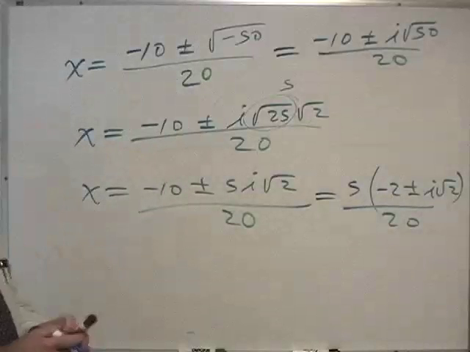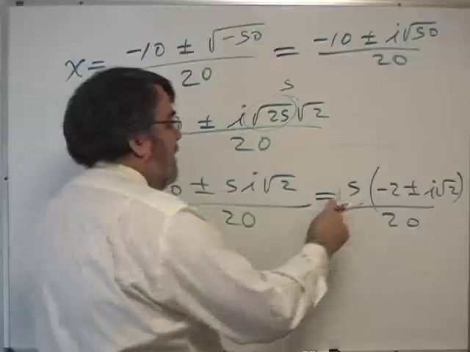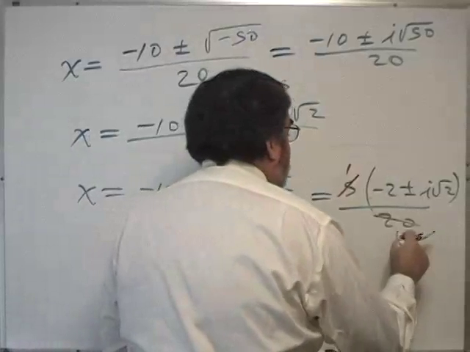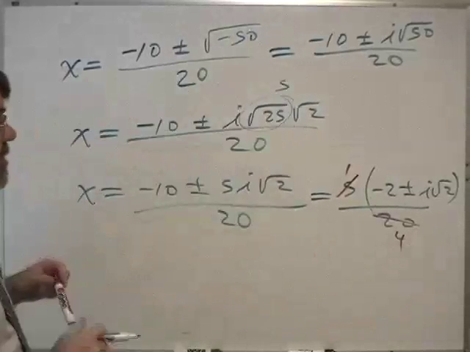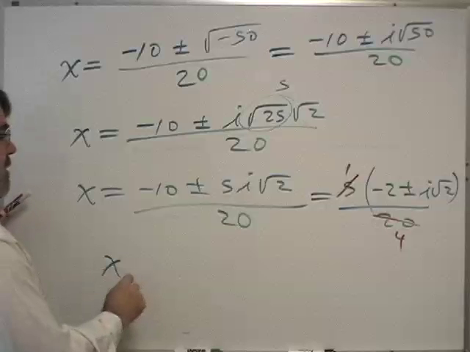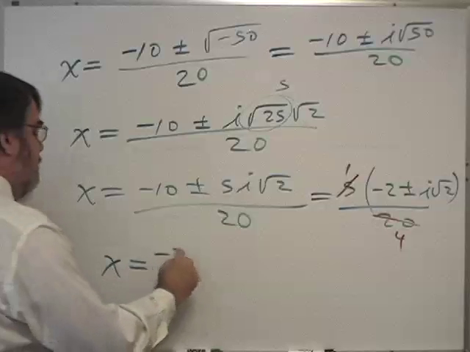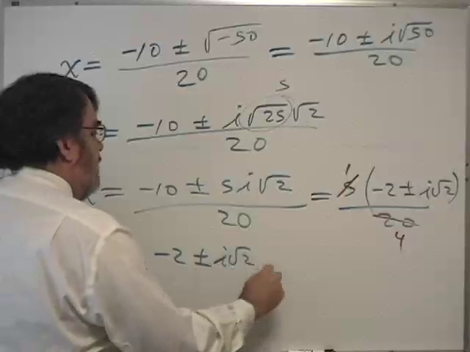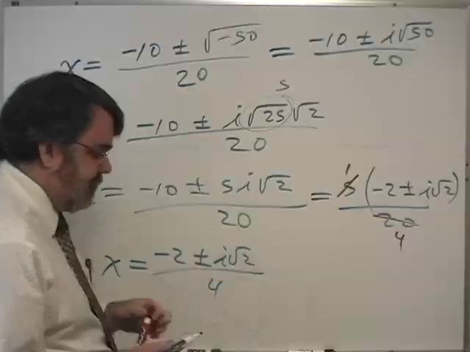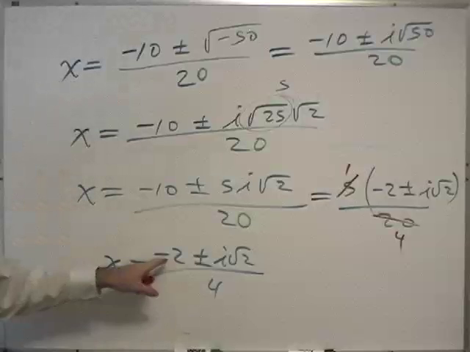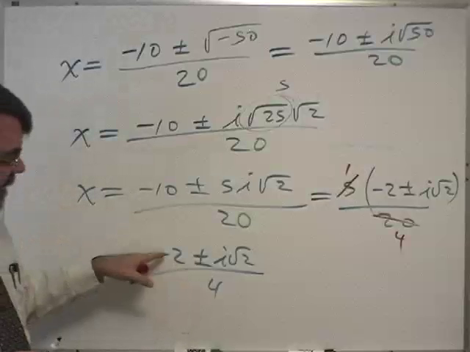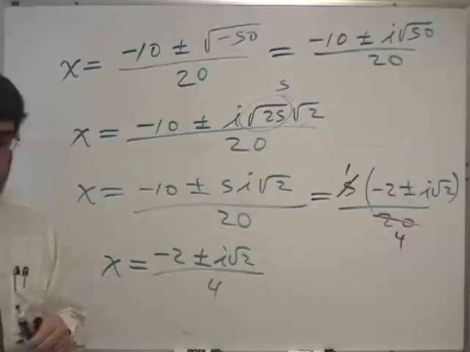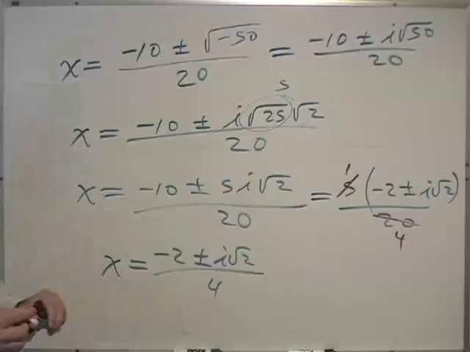And now we can cancel the 5 with the 20, leaving a 4. So in that case, we can go a little further. x equals negative 2 plus or minus i times the square root of 2 over 4. And again, that doesn't cancel because we can't factor 2 out of the numerator. So this is as far as we can simplify.